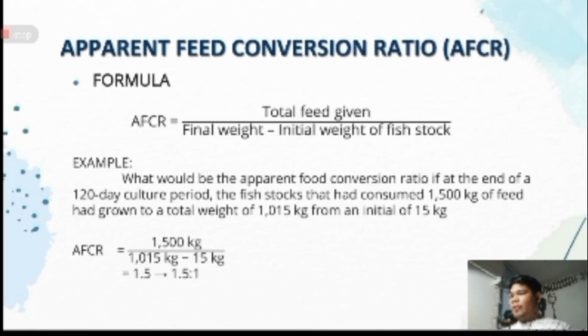So let's substitute our variables, 1,500 kilograms as our total feed given, divided by 1,015 kilograms as our final weight, and then subtract it by 15 kilograms as our initial weight of fish stock. So 1,015 kilograms minus 15 kilograms is 1,000 kilograms. 1,500 kilograms divided by 1,000 kilograms, we will have 1.5.